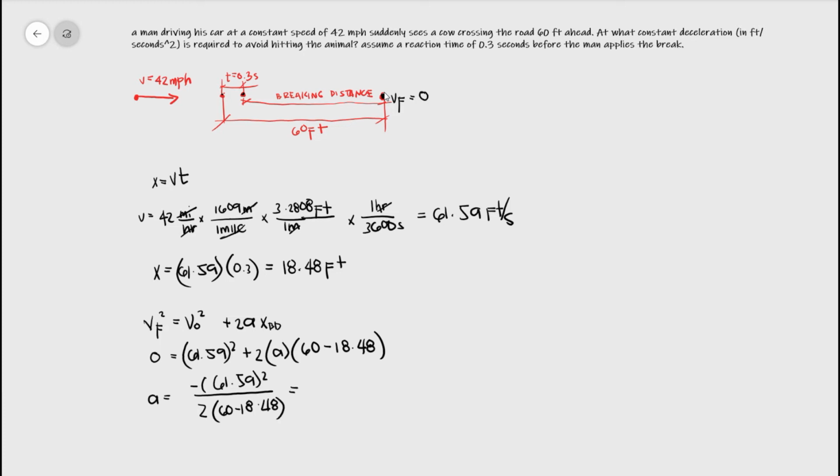Getting the value, we have negative 45.7 feet per second squared. That is our constant deceleration for the car to avoid hitting the animal, or the cow.